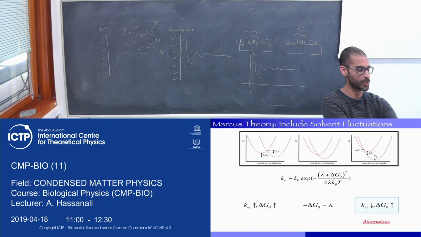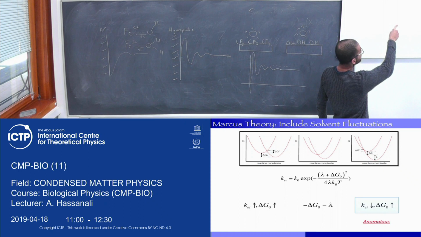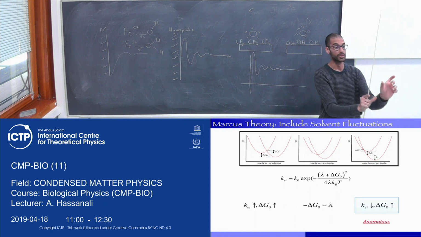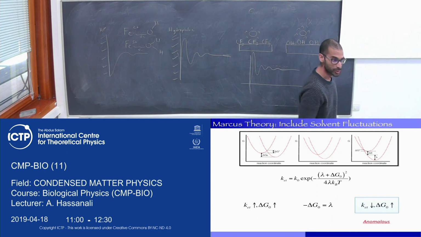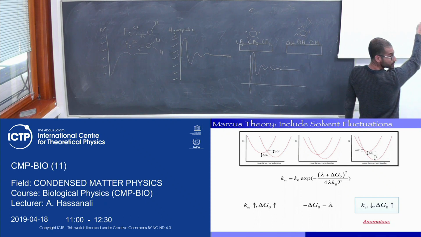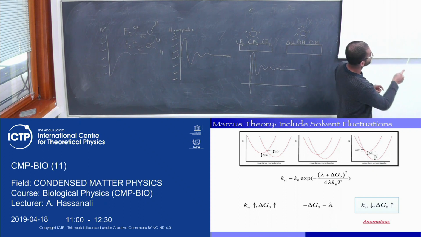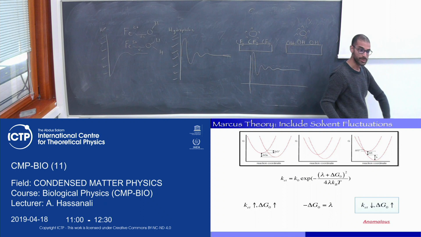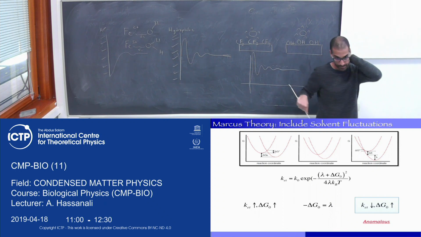And then it gets to a point where the barrier is 0, which is here. Now, if I continue to do that, I go into a regime known as the inverted regime. So now the charge transfer rate is set by the barrier to go from here up to here. And as you make the driving force larger, the electron transfer rate drops because the barrier gets larger. So this is known as the inverted regime.